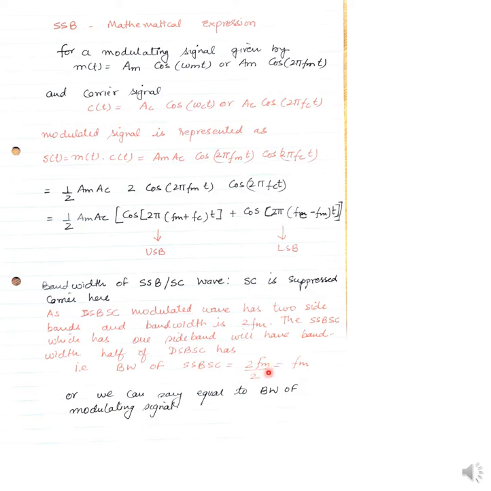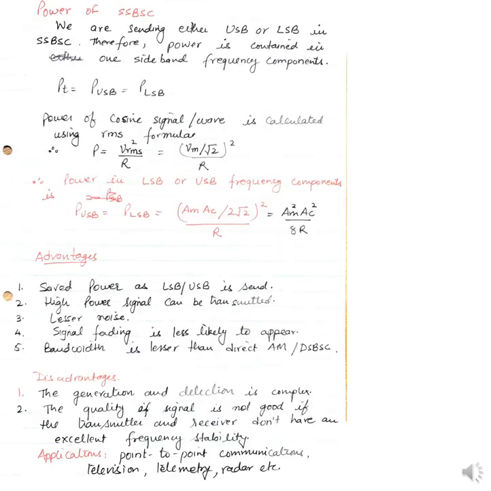That is, bandwidth of SSB SC equals 2fm divided by 2, which is fm, or equal to the bandwidth of the modulating signal. So whatever the bandwidth of this signal is, that will be the bandwidth.